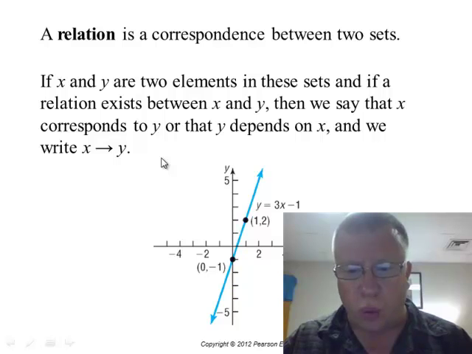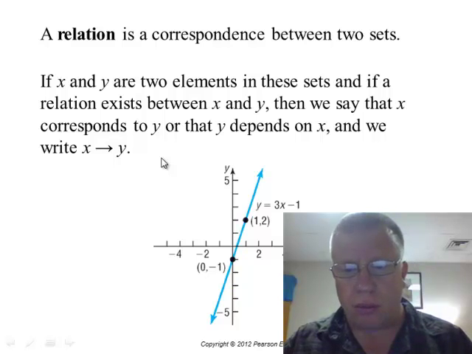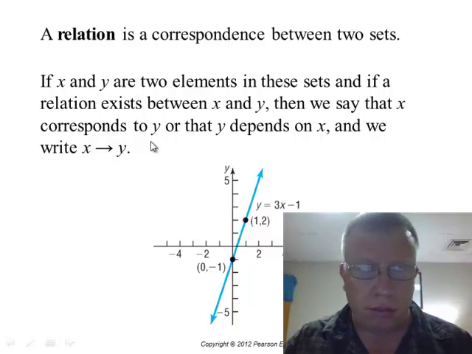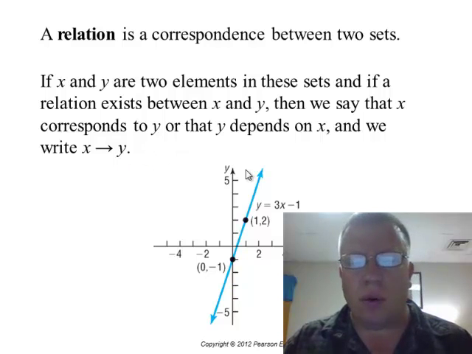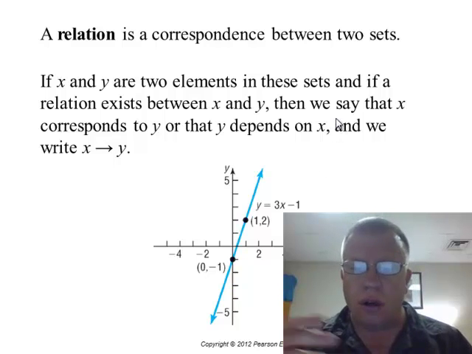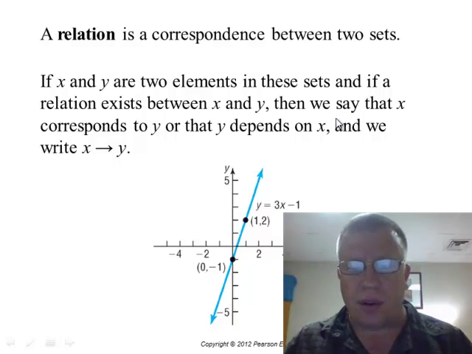So if x is 1, for example, then take 3 times 1, which is 3, minus 1, and you get 2. So the number 1, the value of x, gets ordered or associated with or assigned to, whatever you want to call it, the value of 2. Input a value of 1 and out comes a 2.